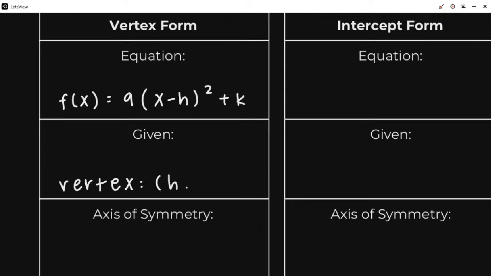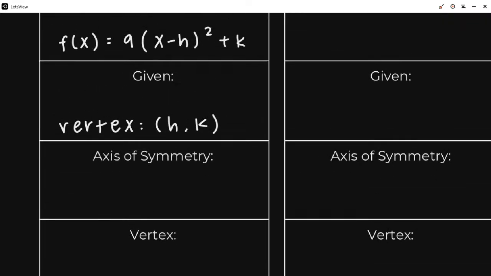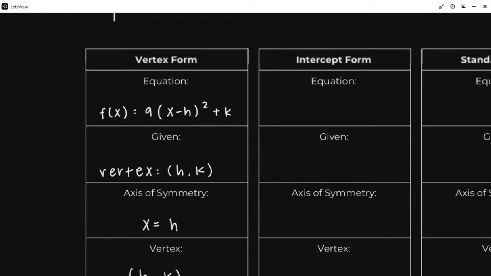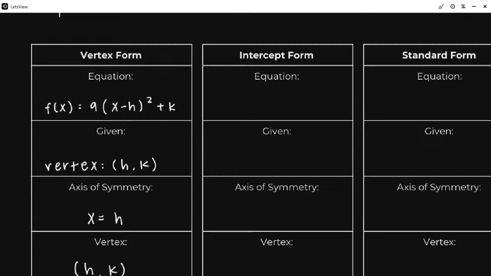And that's going to be (h, k). So it's going to be the opposite sign of h and the same sign as k. The axis of symmetry is the vertical line through the vertex. That'll be x equals h. And the vertex again is (h, k). So that's for vertex form.